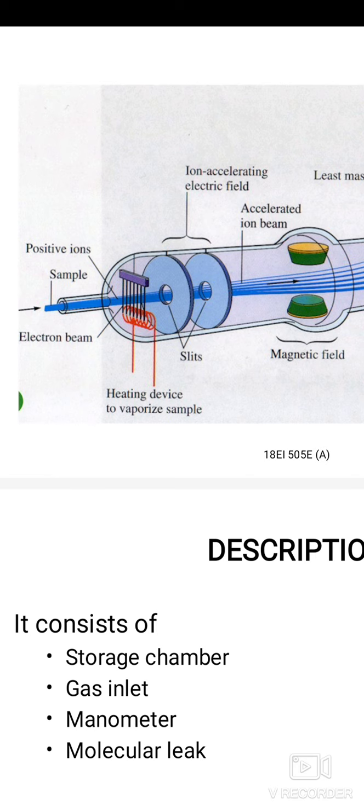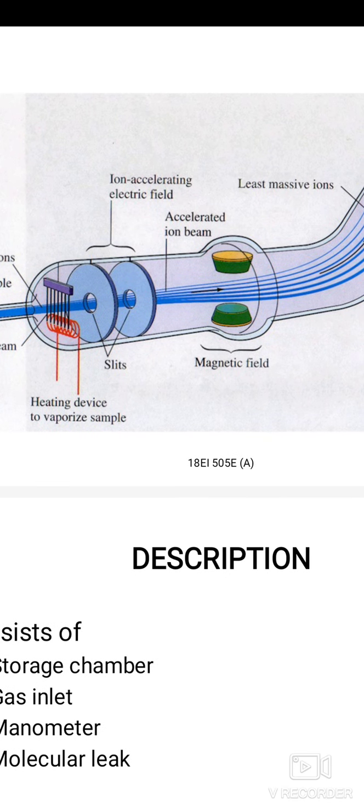The sample is passing and bombarded with the electron beam, which produces the ions. You can see the heating device to apply the sample. Then it passes through the inlet system, where we can see the ion accelerating electric field.